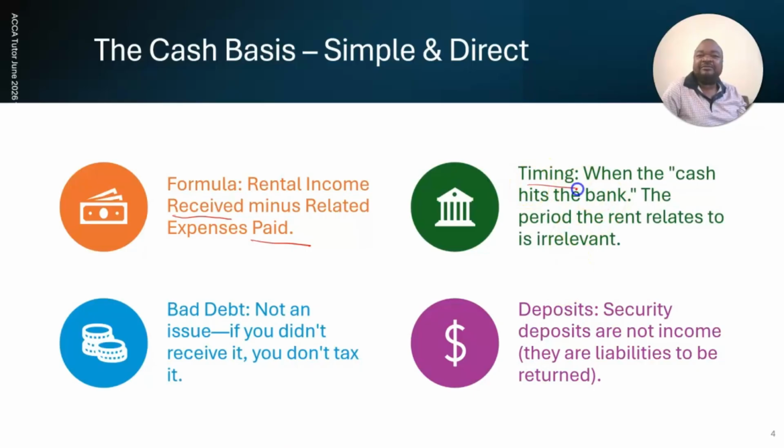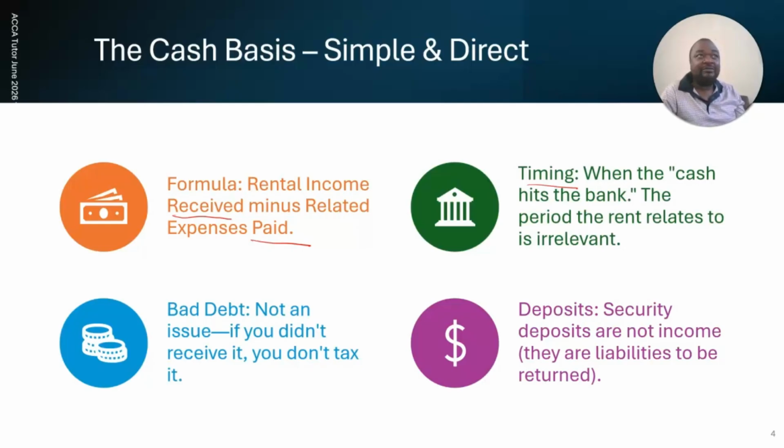Now, timing. When the cash hits the bank, that's the idea. Because if we are saying rental income received, we are actually saying when the cash actually hits the bank. The period the rent relates to is irrelevant. Sometimes you may be told that the rent which was paid this year related to the rent which was supposed to have been received last year.